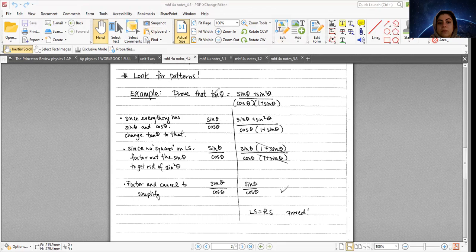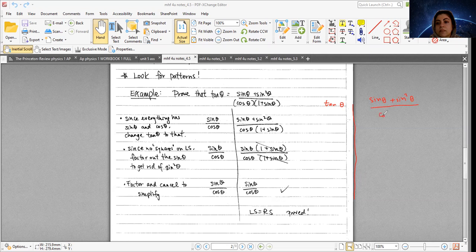So I write the left side, which is tan theta, and I put a line. So I divide my paper. At the other side, I put the right side. Don't put equal between them, right? Because you want to prove that. You want to prove means you have to show the right side is the same as the left side.